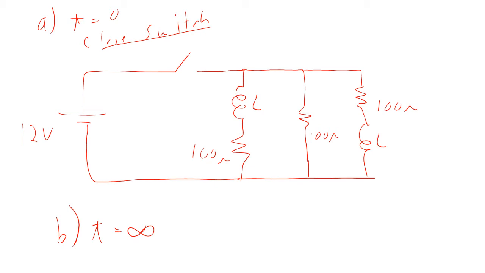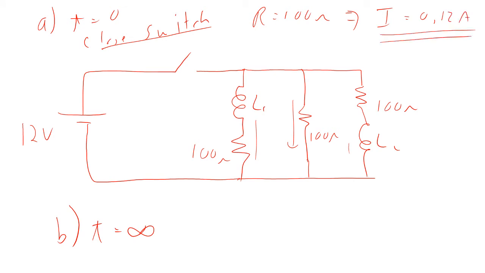If current doesn't flow, then that means there's no current flowing through this path or that path. The only current flows through the middle path. And so that means the resistance is 100 ohms. So the current is going to be 12 volts over 100 ohms, which is equal to 0.12 amps.